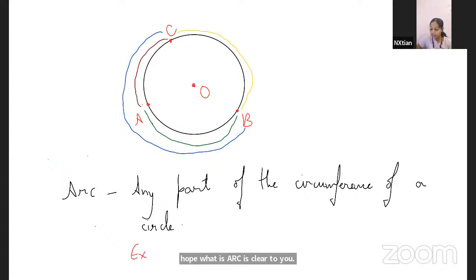In this circle, we have the arc AC, the arc AB, the arc BC, and the arc CD. Now, when we are writing an arc, how do we write it?